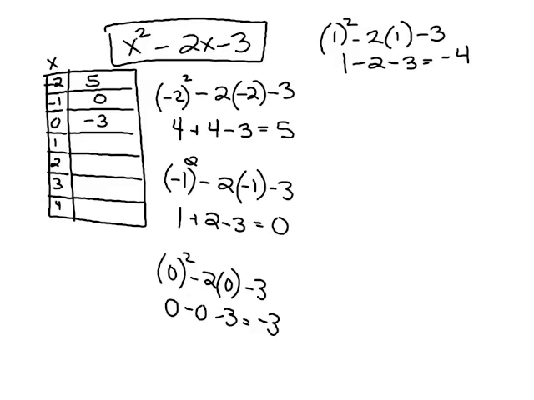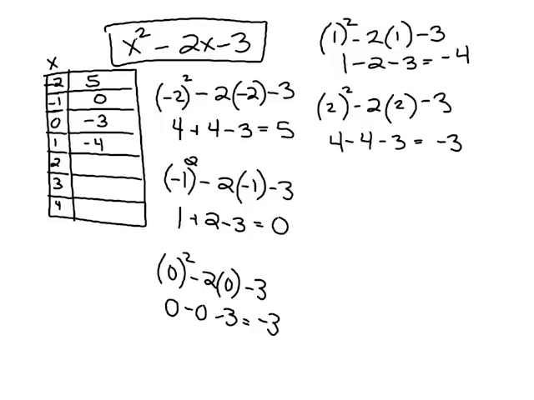So 1 minus 2 is -1, minus 3 is -4. So 2. Substitute in for the brackets. 2 squared, 4, minus 2 times 2, 4 again, minus 3.